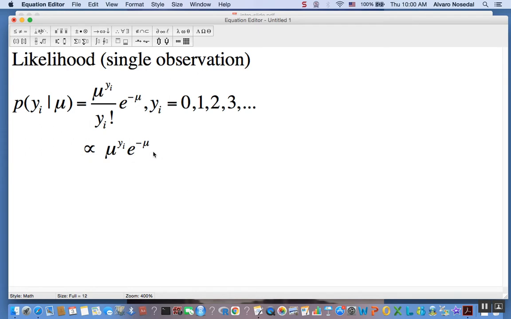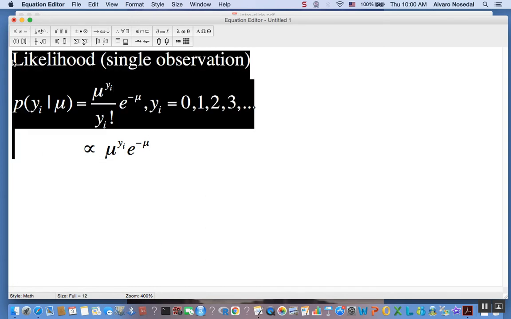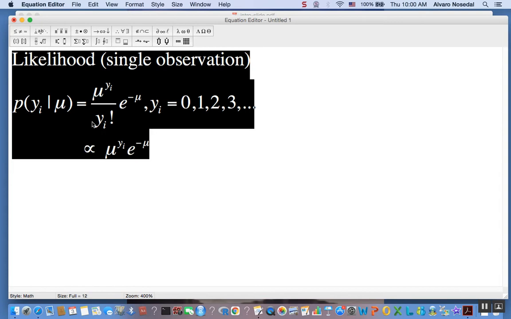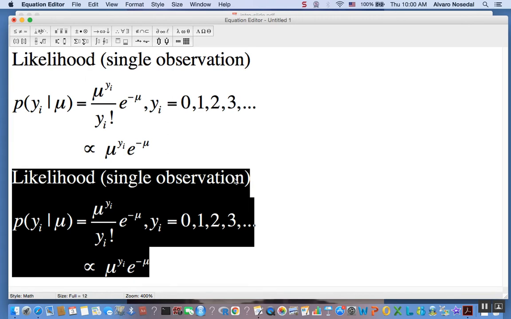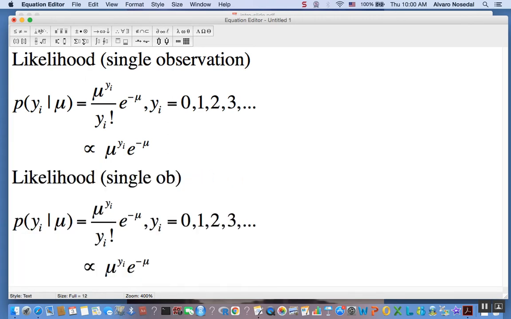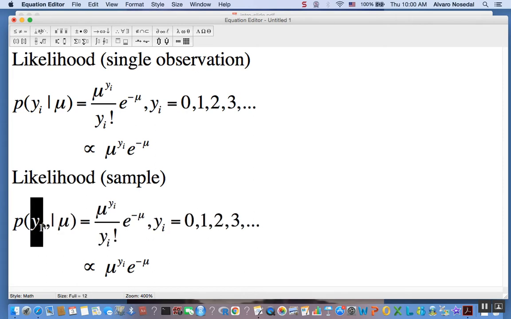Now, if instead of a single observation we have a sample, let's find the expression of the likelihood for the case of a sample. We have a sample of size n: y1, y2, y3, up to yn.